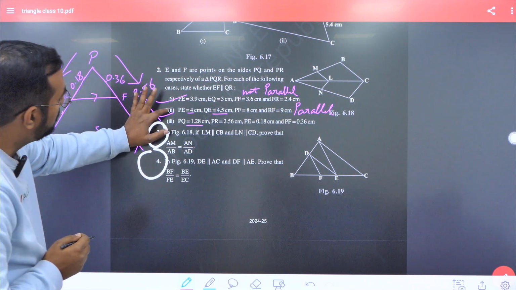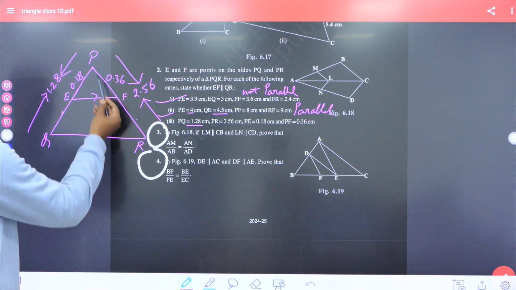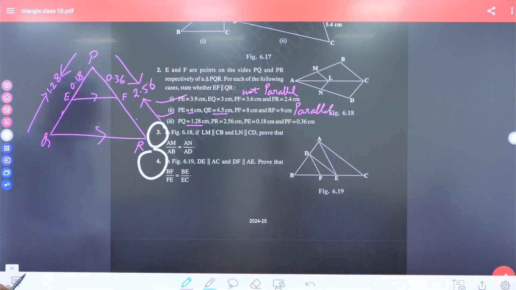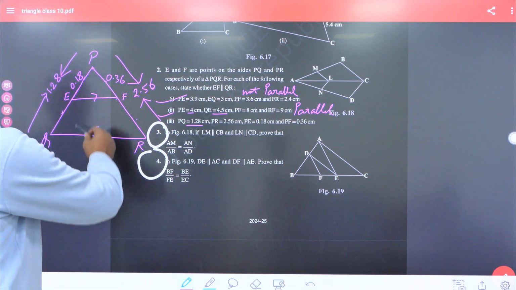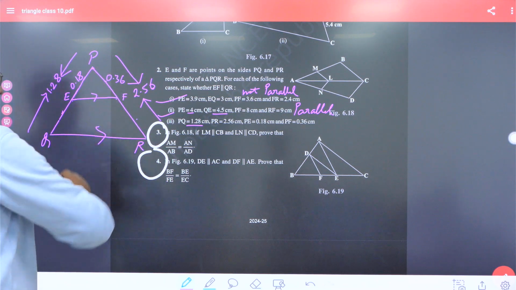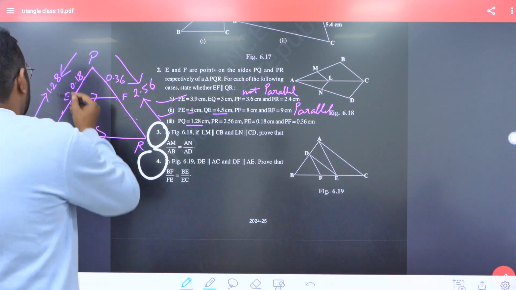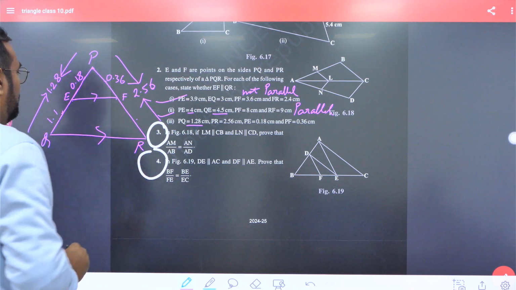In these two cases, the measurements of this part and this part as well as this part and this part were given, but here the measurements of these are not given, but the whole PQ is given. When you subtract the value of PE from PQ, you will get the value of EQ. Means by subtracting 0.18 from 1.28, you will get the value of this, that is equal to 1.1, right?